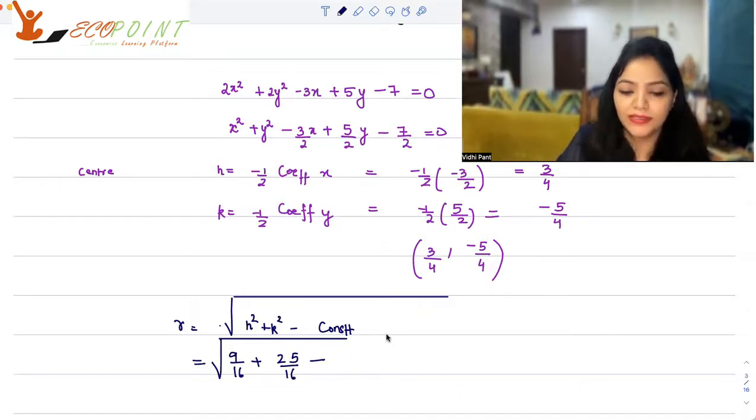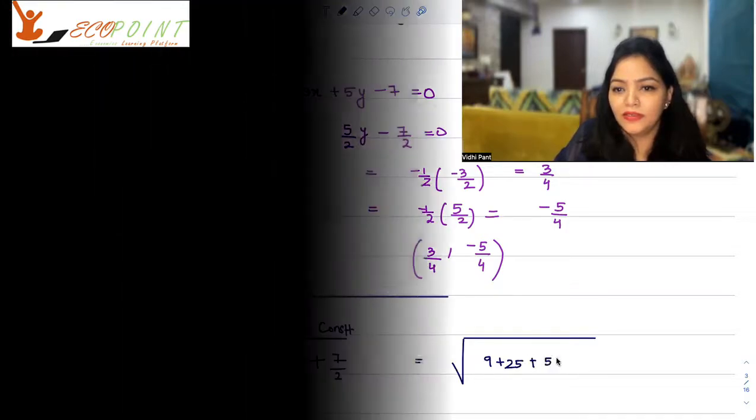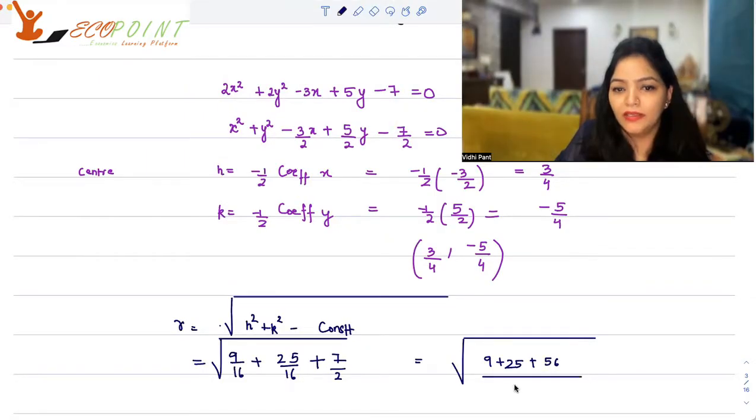The constant term is minus 7 by 2, so minus minus gives plus 7 by 2. You will have to take the LCM, and that's going to give you 9 plus 25 plus 56, with 7 multiplied by 8 and 16 here. So 4, of course, can come out. It's going to be 3 root 10 upon 4.